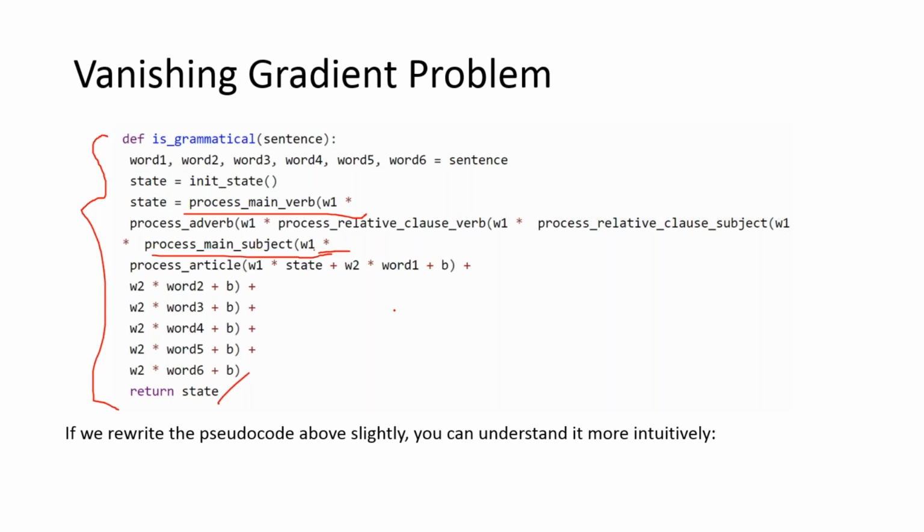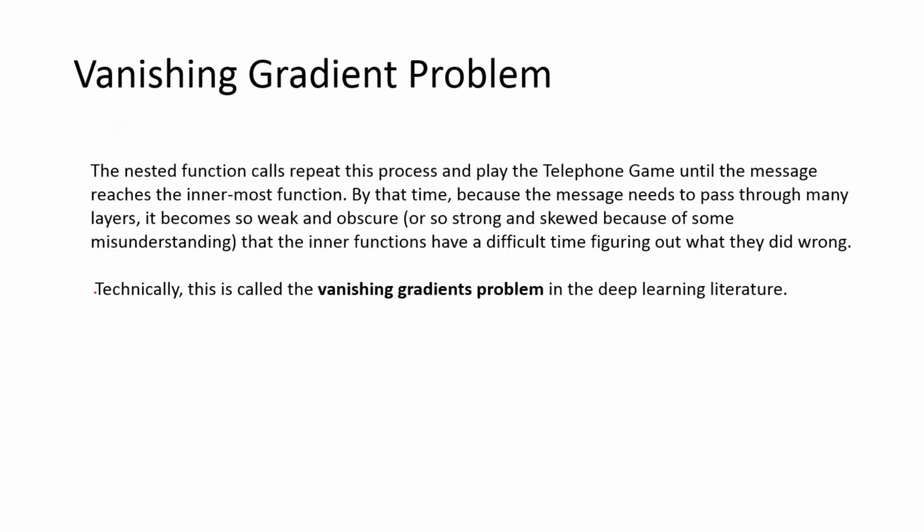When we understand any RNN, the main purpose is to read each word, then add the next word as an update, then the next word as an update, and the next word as an update. But if the function goes in like this, it is going to lose a lot of information. The nested function calls repeat this process like a telephone game, until the message reaches the innermost function.